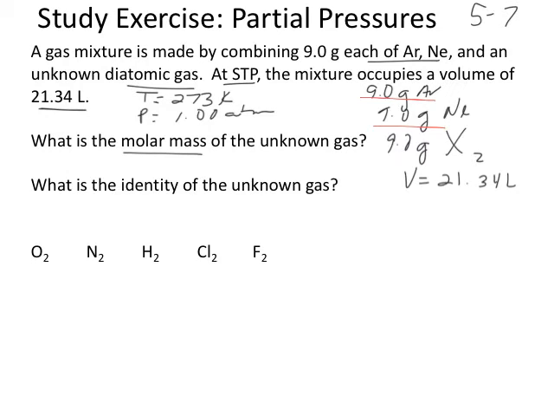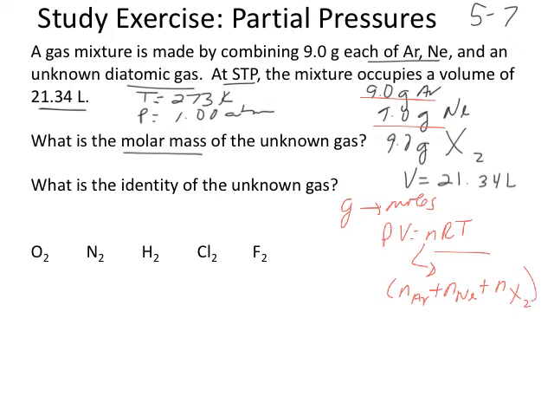So we're going to go from grams to moles, and then we're going to put this in the PV equals nRT equation. For n it's going to be total moles, so it'll be moles of argon plus moles of neon plus moles of our unknown. And we'll actually have to solve for this in this equation. You'll see that, and then we'll work from there.